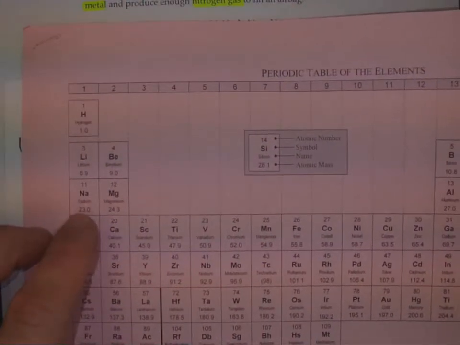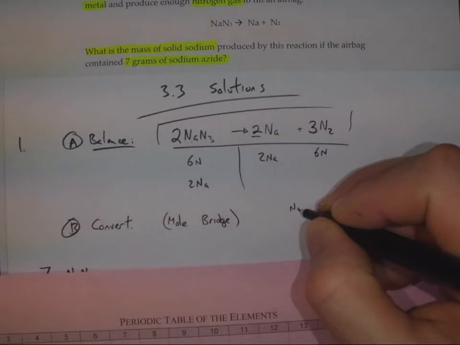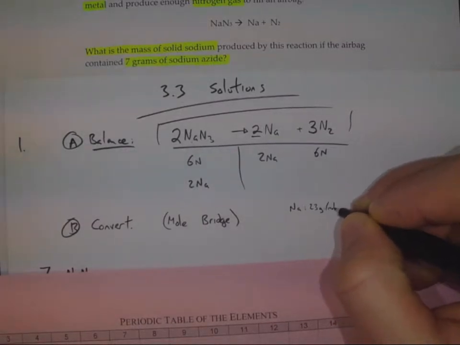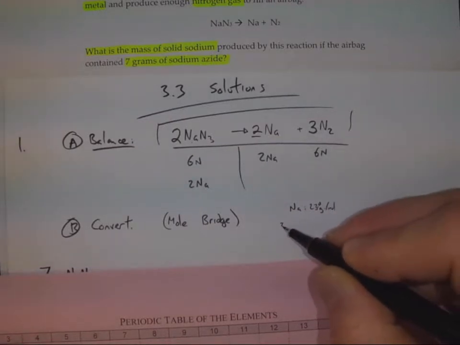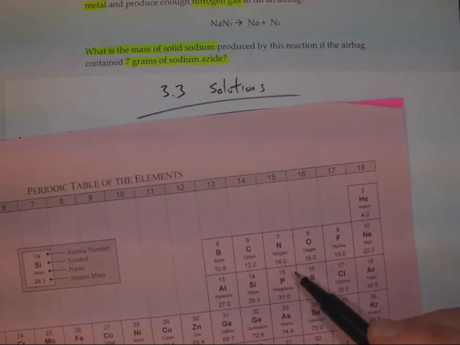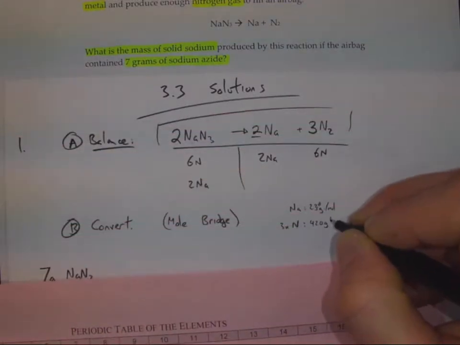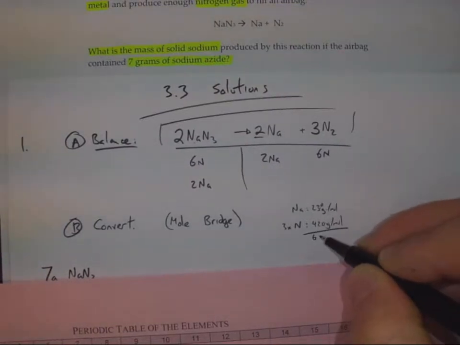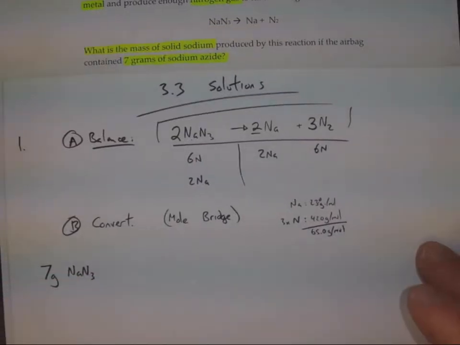It's 23.0 grams per mole for sodium, and 3 nitrogens at 14.0 each, so that's 14, 28, 42.0 grams per mole. And in total, we get 65.0 grams per mole.